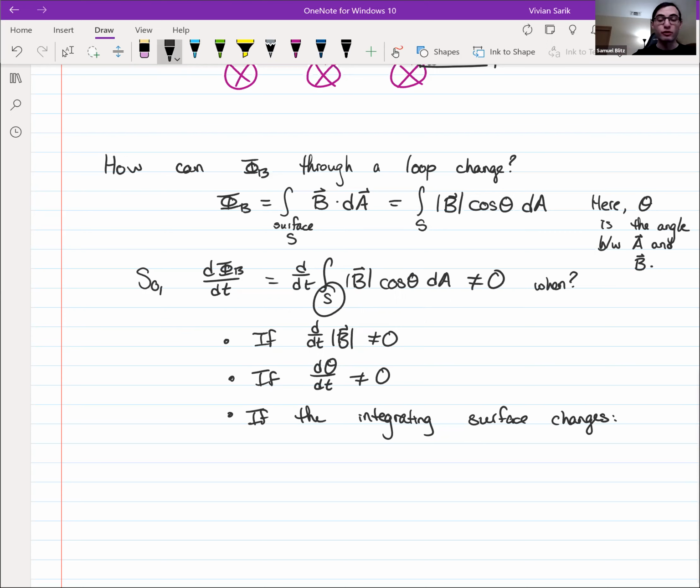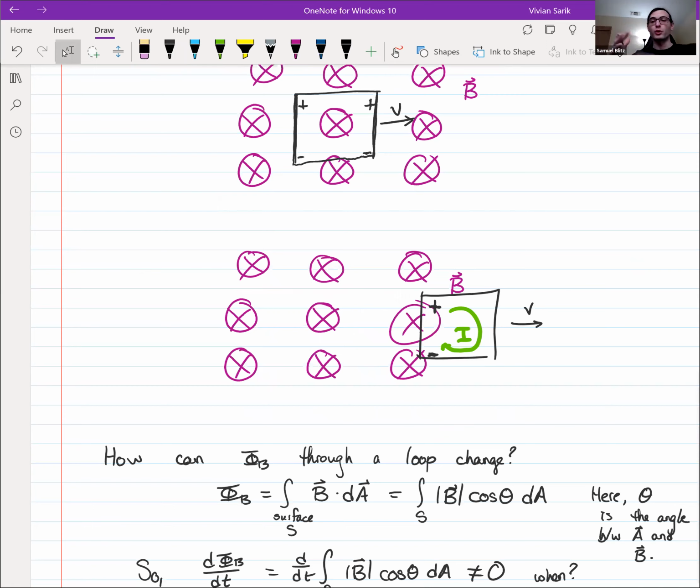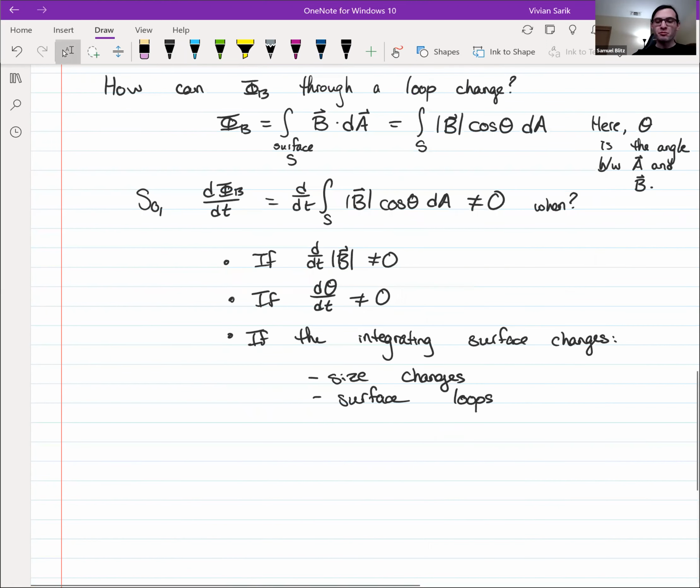Yeah, a shrinking loop, a moving loop. So for example, if the size changes, well, that would change the flux. Or if the surface moves, like in the example we just talked about, in this case, the flux is changing because the surface is moving through a constant magnetic field. And then obviously any combination of these.